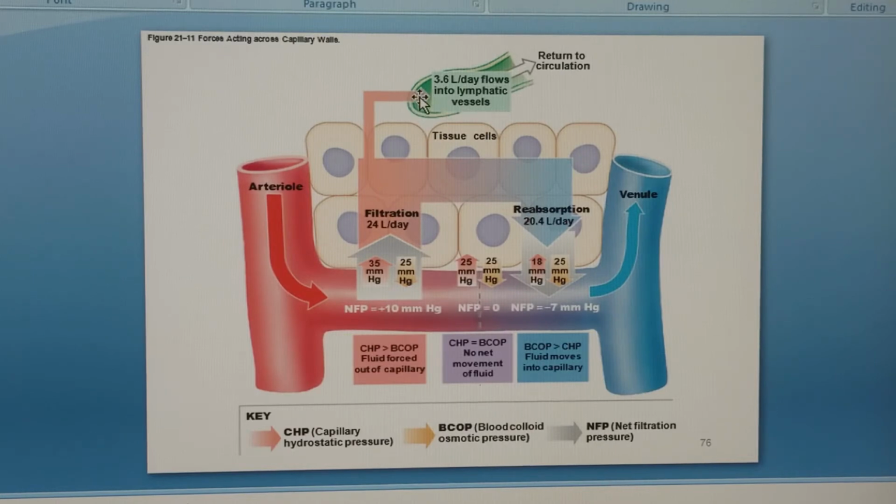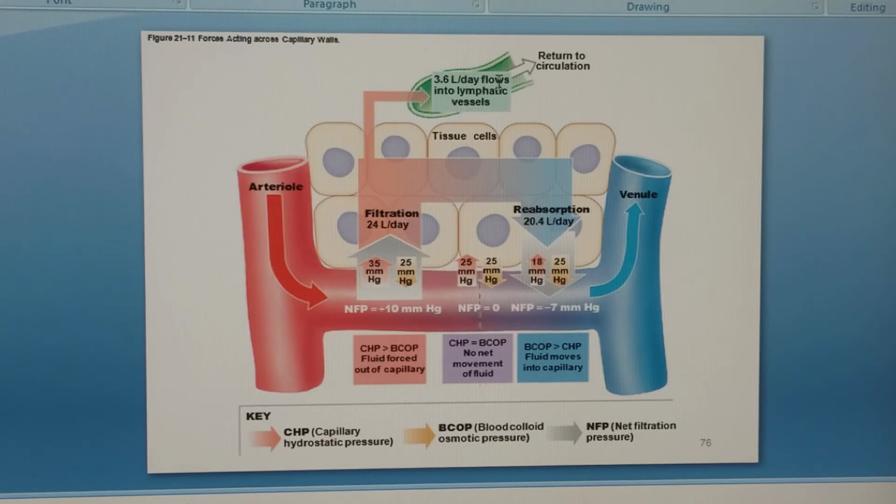Well, lymphatic vessels flow and track along with the arteries, arterioles, as well as the veins and the venules. When this fluid comes out into the tissues, some of that fluid is picked up by the lymphatic vessels, which are in that capillary bed as well.